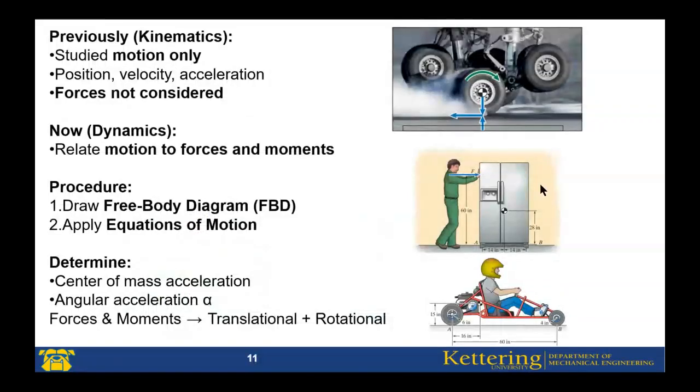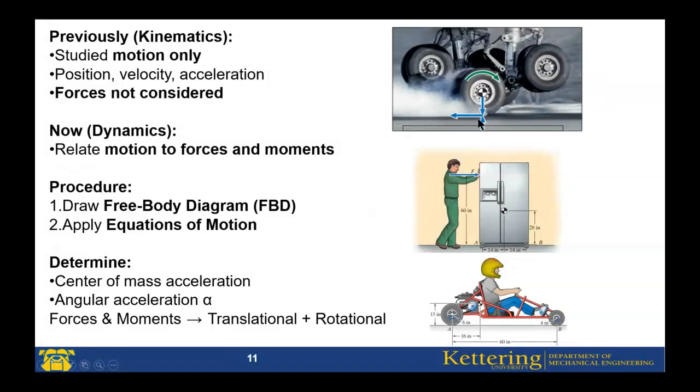Now, in the previous lecture, I talked about kinematics. What we found was the velocity and the acceleration for the rigid body. In the previous session, the force did not apply. Now, we want to apply the force. For example, here are the tires of the airplane when it's landing.